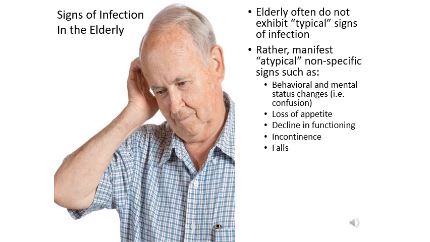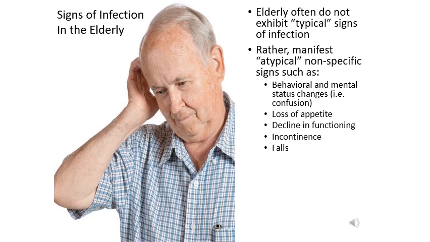Now on this slide, it's just another time to remind us how elderly can have atypical signs of infection. During the inflammatory response, elderly may be more confused, maybe more sedate, have a change in level of consciousness, and in addition, loss of appetite, etc. They definitely may have a decline in function and be at higher risk for incontinence and falls.